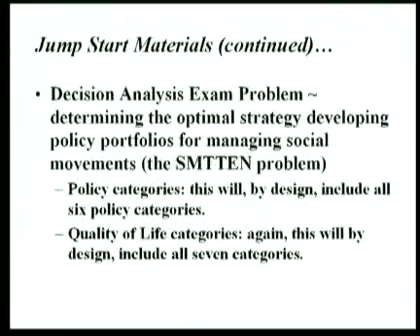Fourth problem, decision analysis. And that was determining the optimal strategy for developing policy portfolios or managing the social movement. That was the smitten problem. Well, clearly, that was by design included all 6 policy categories. That's what's embedded in that policy portfolio question. And once again, clearly, since we're managing a policy portfolio, it'll include all 7 categories.